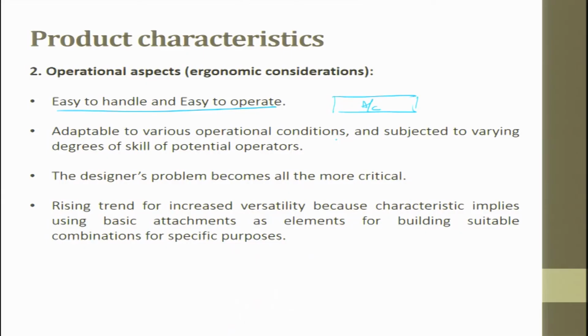But whereas the ACs which are sold in the Middle East, they have anticipated the temperature will go to 50 or 55 degrees Celsius. So, they make sure their compressors are made safe to operate till 55 degrees Celsius and then they conk off. So, adaptability to various operational conditions subjected to varying degrees of skill of potential operators.